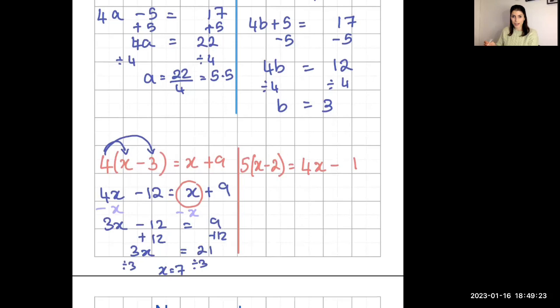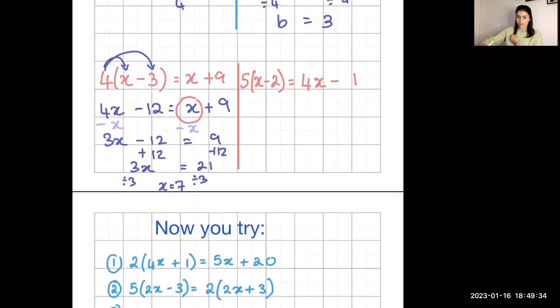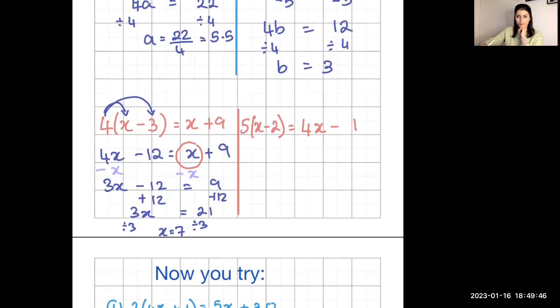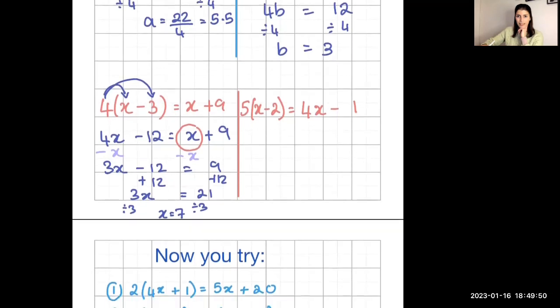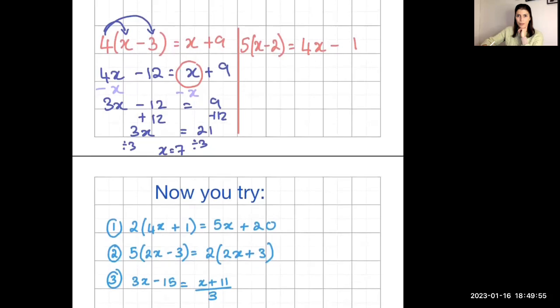Have a go at the one on the right. And if you finish that one, you can try the questions underneath.